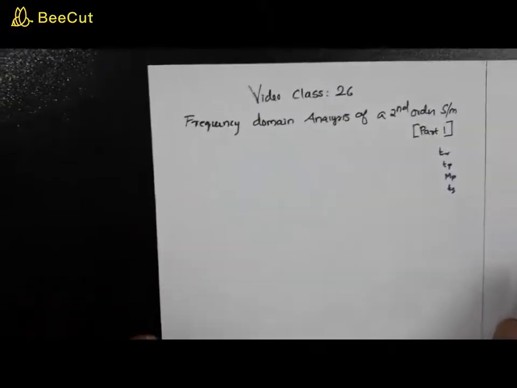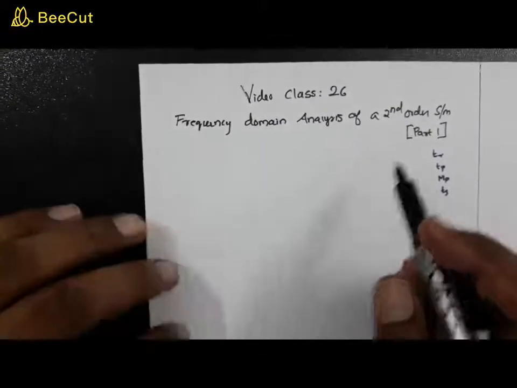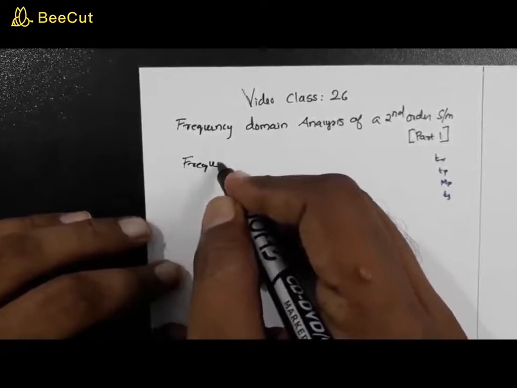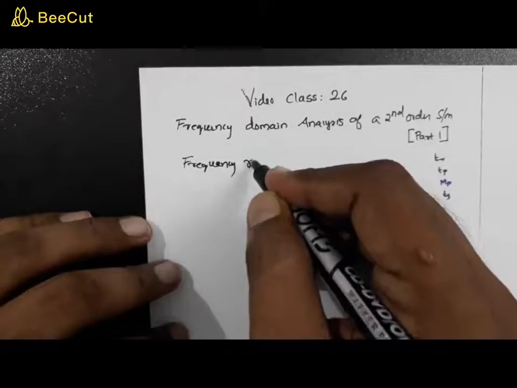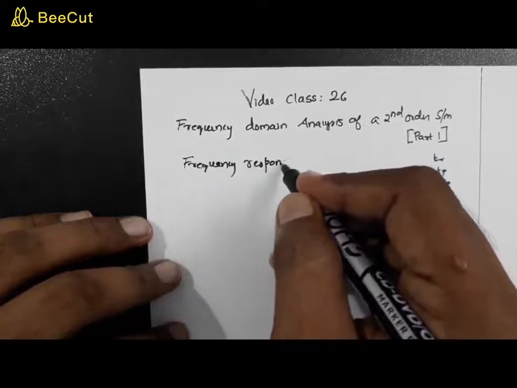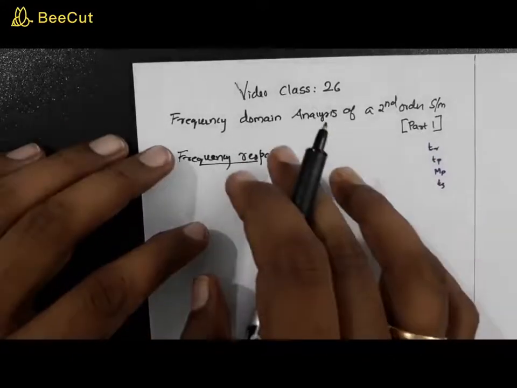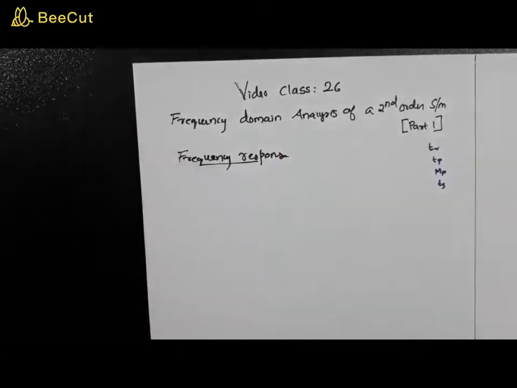Okay, so before going into the frequency domain analysis, let me tell you the definition of frequency response. I'll be starting with the general case, and later we'll be applying this to a second order system.